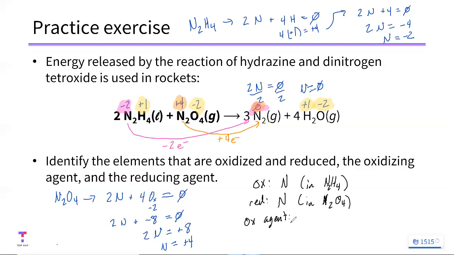And so what substance is forcing oxidation? It's the dinitrogen tetroxide, because it is forcing the oxidation of this nitrogen in hydrazine.